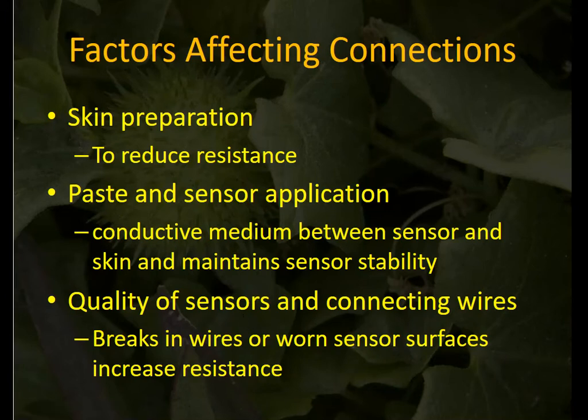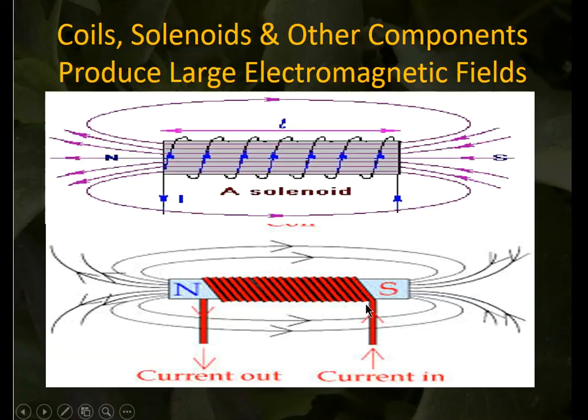For example, quite often there are gold-plated electrodes where the plating is over silver, and if the plating wears through to the silver, then you have, first of all, two different types of metal, which causes problems by itself, but also you have a decrease in the conductivity because gold is more conductive than silver. You can also have breaks in the wires or worn sensor surfaces, which increases the resistance, so it's important to have good quality attachments to your client's scalp.